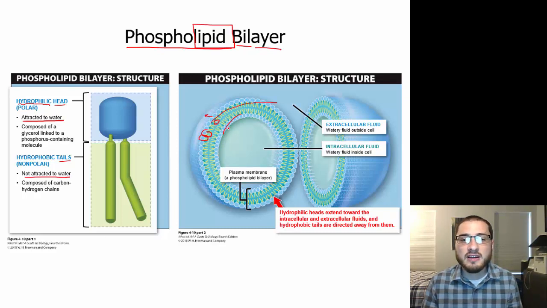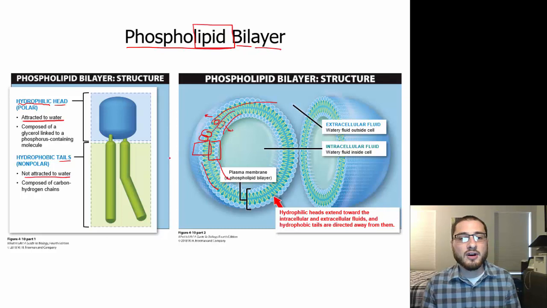And then on the inside layer, you have the heads facing towards the inside, and you have the tails facing towards the inside of that membrane. So the tails are all on the inside of the membrane, and the heads are either facing outwards or facing inwards from the cell. So that is what makes up our two layers. You see here, this is one layer, and this is another layer going all the way around.